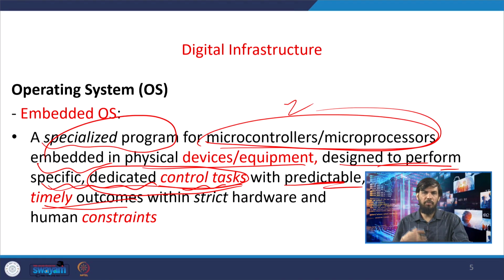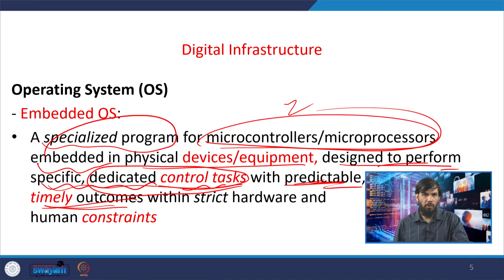Sometimes there is a delay because the CPU is overworked with other tasks, because those operating systems are designed to be fair, giving sufficient processing to most tasks, covering everyone. So that predictable timely outcome might not be there.